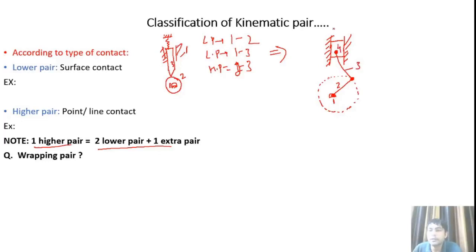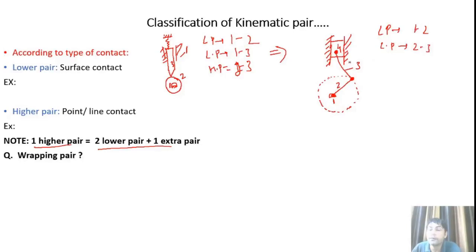Now my dear, there is one lower pair between link 1 and 2. There is also turning between 2 and 3, so there is another lower pair between link 2 and 3.